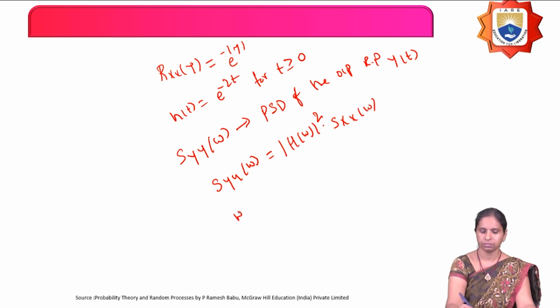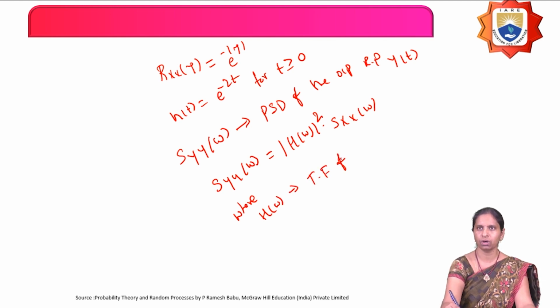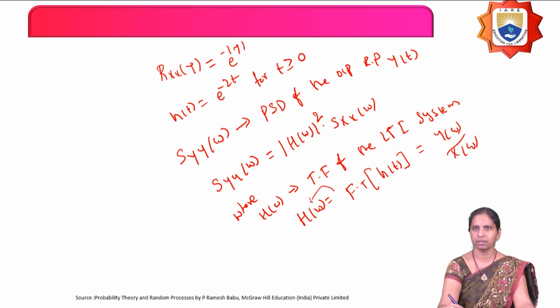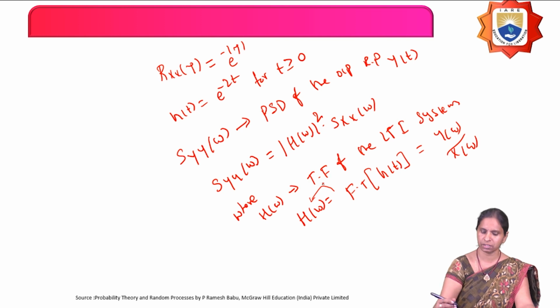Here, H of omega is the transfer function of the LTI system. The transfer function of the LTI system is H of omega equals the Fourier transform of h of t itself. Actually, this is Y of omega by X of omega. The Fourier transform of the impulse response gives the transfer function of the particular system.